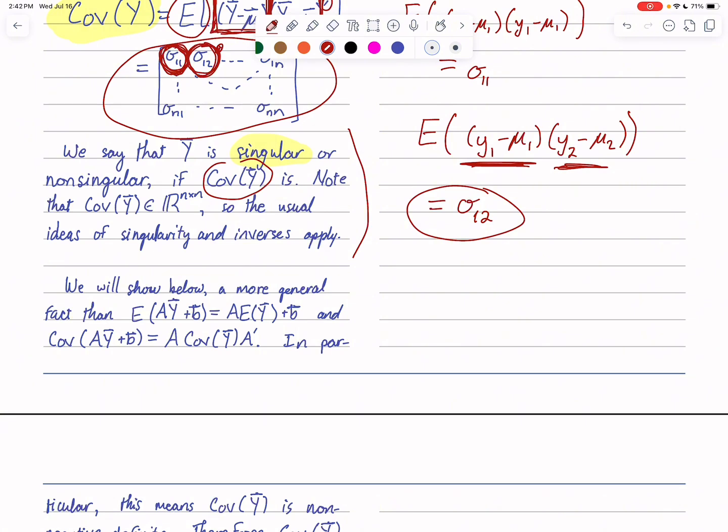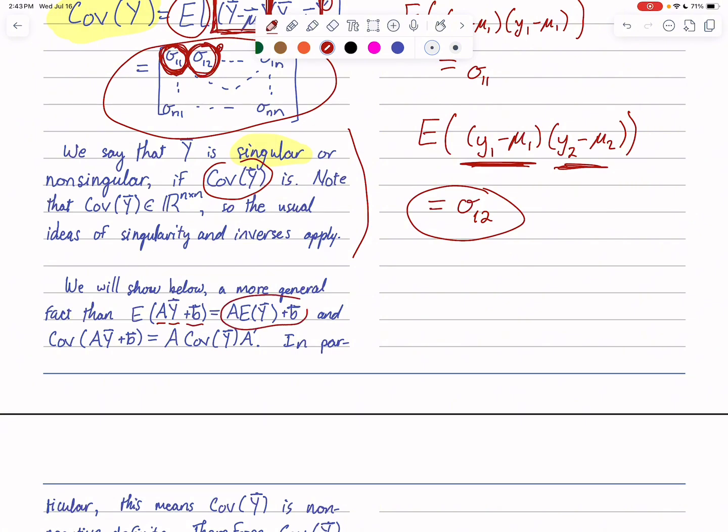It is worth knowing the distributive properties for expectation on these vectors. So if A is a constant matrix of just plain real numbers, or possibly variables, but let's just say constant numbers, and if Y is a vector of random variables and B is a vector of constant numbers, then the expectation distributes in.